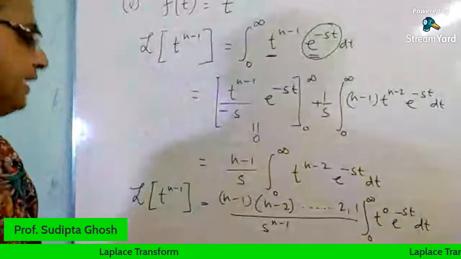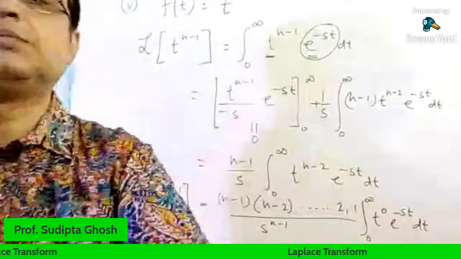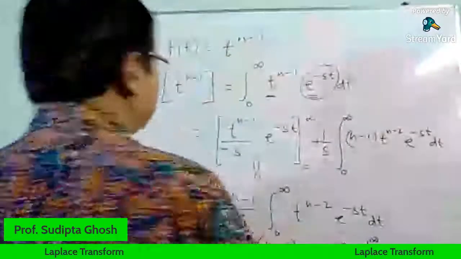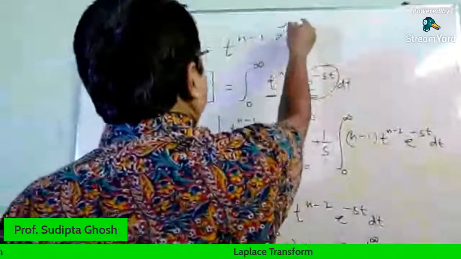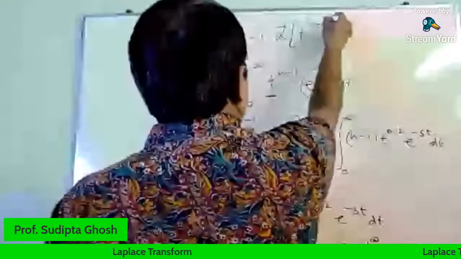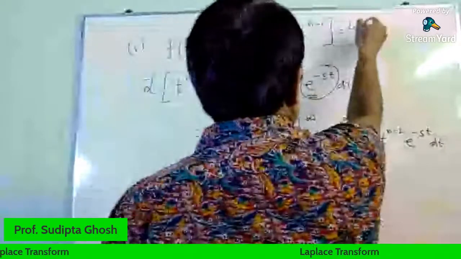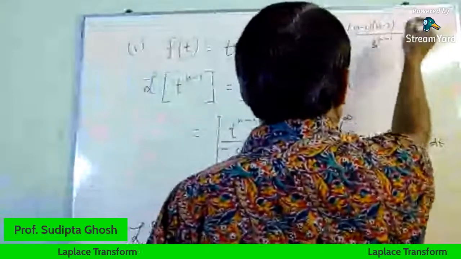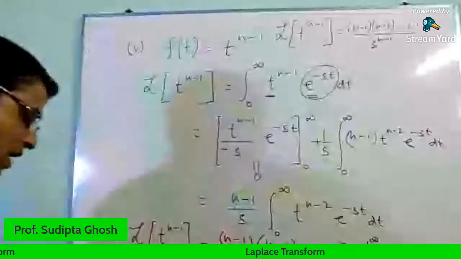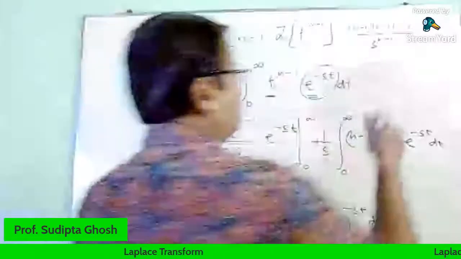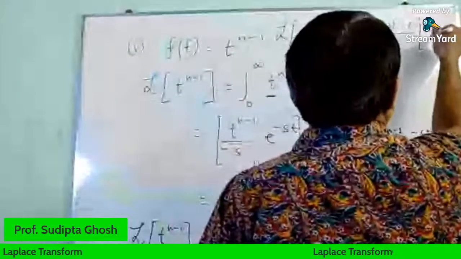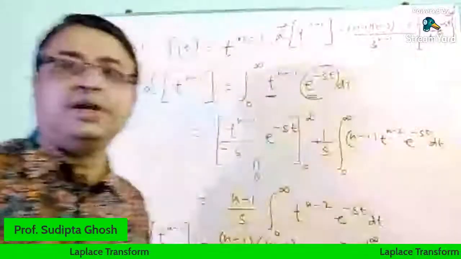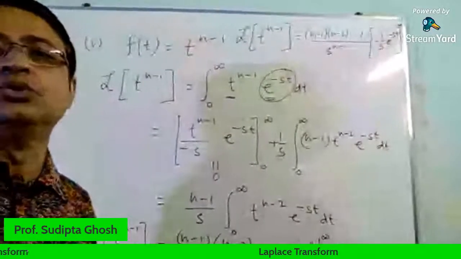So the final value becomes, I am writing in the top part of the board, that the Laplace transform of t to the power n minus 1 becomes n minus 1, n minus 2, and so on up to 2, 1, over s to the power n minus 1, and then minus of 1 by s e to the power minus st, with the limit 0 to infinity.